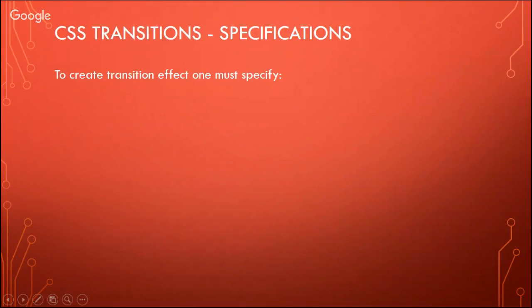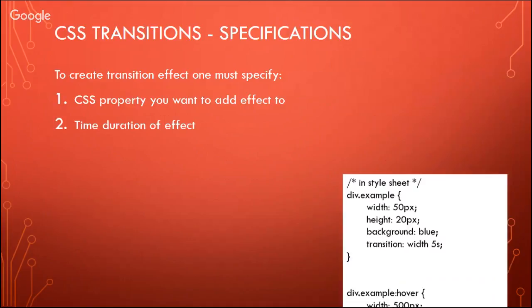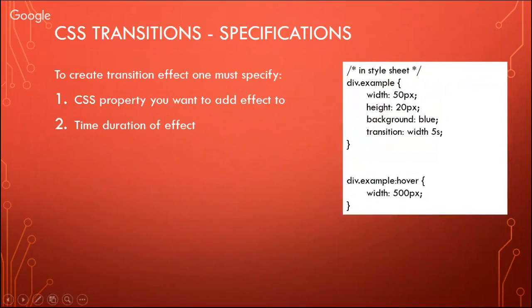There's a couple of different things that we need to specify when we create a transition effect. First, we need to specify the property that we want to add the effect to. We need to add the time duration of the effect. So here's an example. Here we have the transition effect.